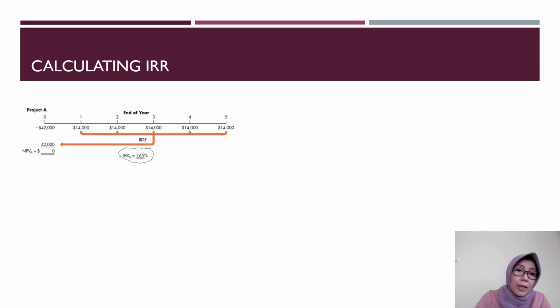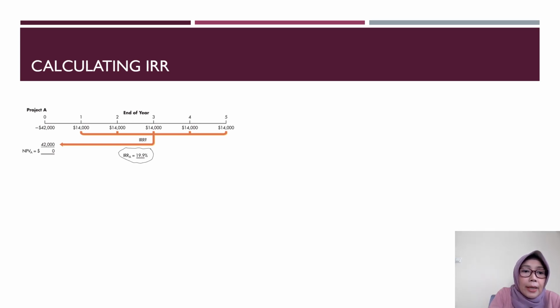First, because this project has an annuity operating cash inflow, it's much easier for us to find what discount rate will generate a positive NPV and what discount rate will generate a negative NPV. How do we figure it out? Maybe you still remember your lessons from engineering economics.